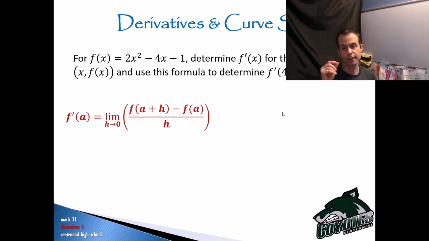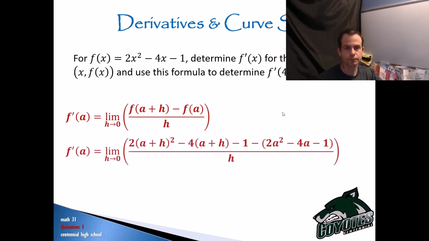I'm going to use the method 2. So I'm going to go f of a plus h minus f of a all over h, where the limit is when h approaches 0. I plug in a plus h into my x's.